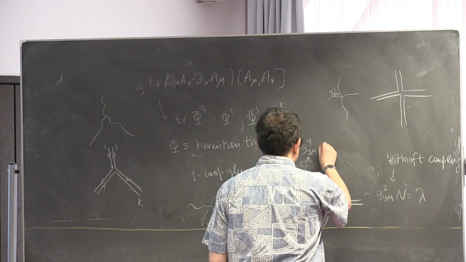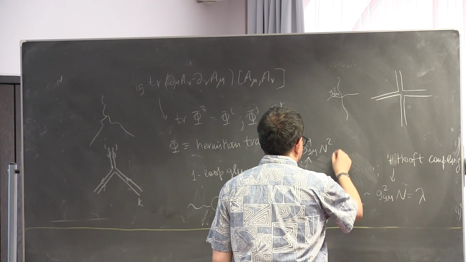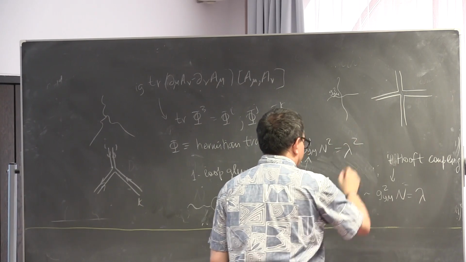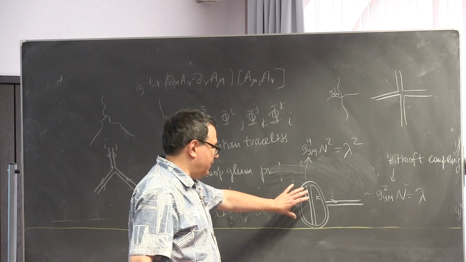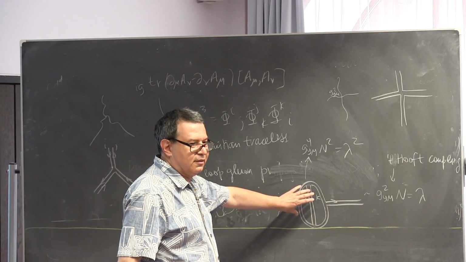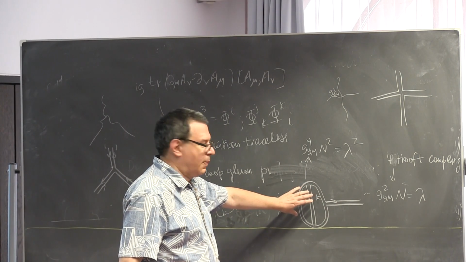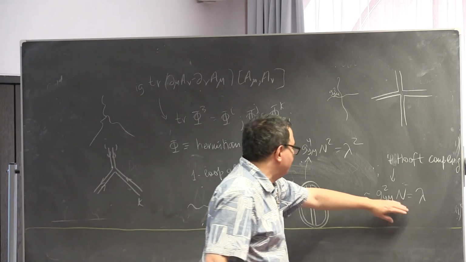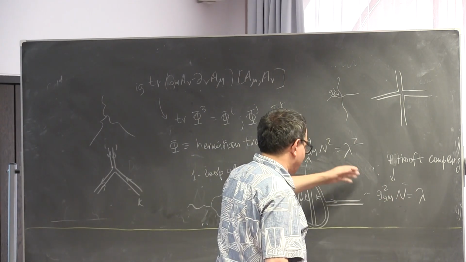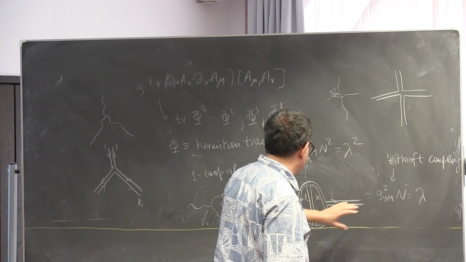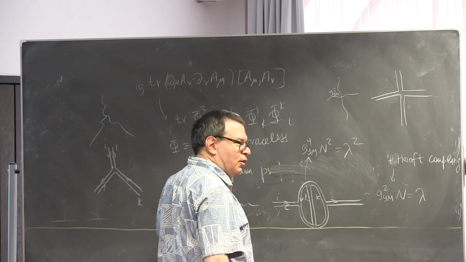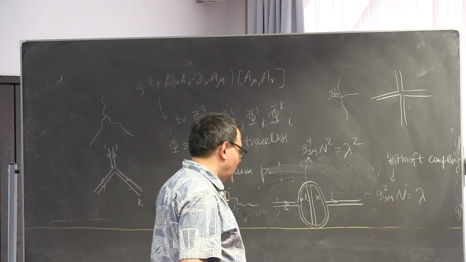So this is N squared. So this is lambda squared. So this graph still has to be included, right? When lambda is of order 1, this graph is not suppressed by 1 over N compared to the previous graph that we had.